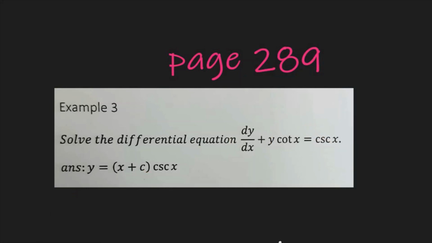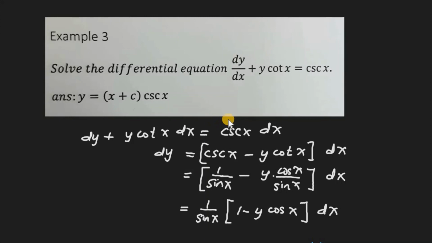Let's try it. So here I'm trying to separate the x by first multiplying dx on all the terms. So here we have multiplied dx, it remains as dy, and multiply the second term there with dx, and then the right side we have cosecant x dx. So let's combine the dx, so we have cosecant x minus y. There's a y there.